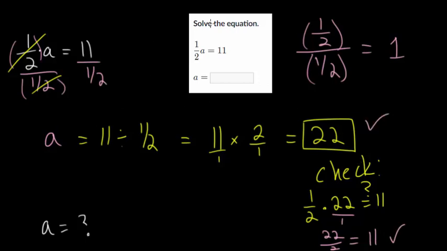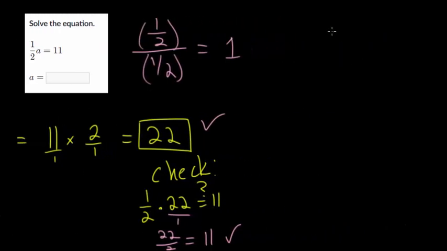Now, like I said, there are other ways to interpret this. One of the other ways to do this, since this is kind of messy with the division of fractions, is to rewrite 1/2 a equals 11 by putting a inside this fraction. So you could think of it as a over 1 and then just multiply across.